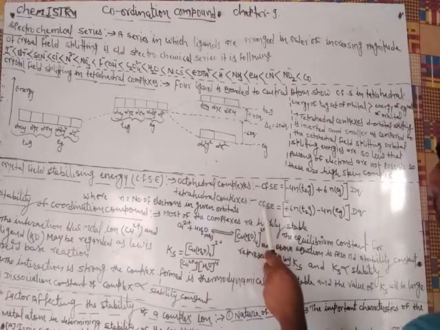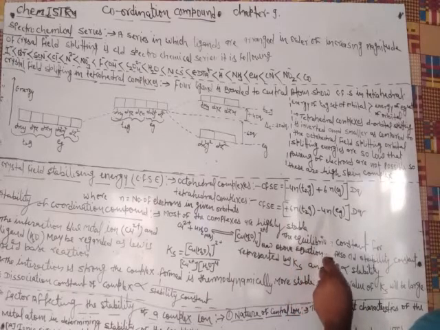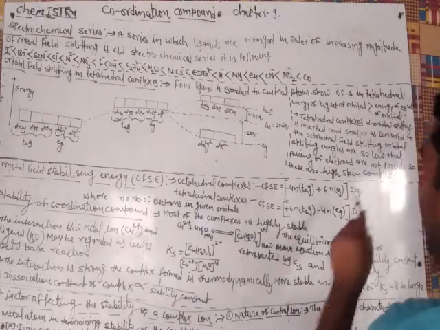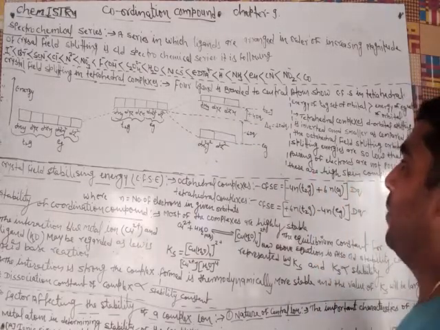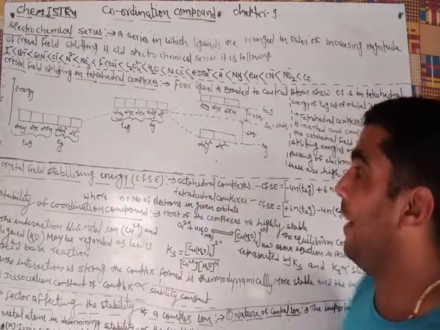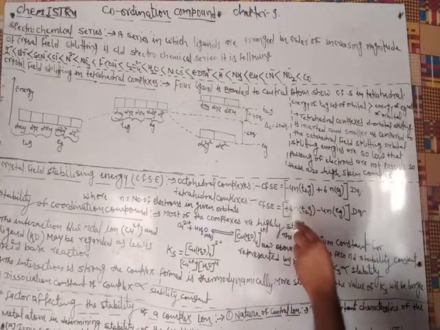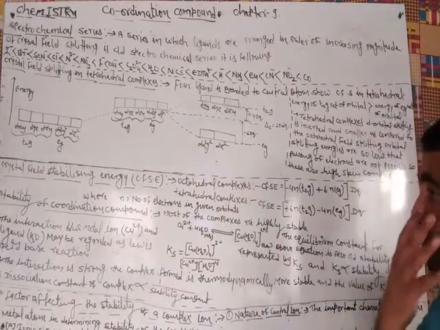In tetrahedral complexes, CFSE equals plus 6n t2g minus 4n eg Dq. This formula is used to find the crystal field stabilization energy in both octahedral and tetrahedral complexes, where n is the number of electrons in the given orbitals.